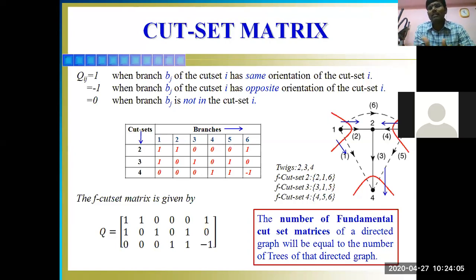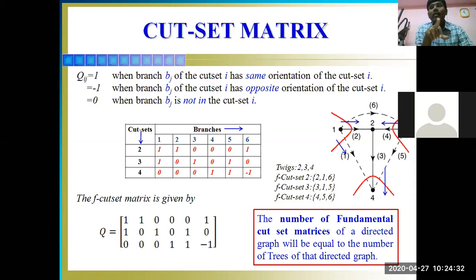So why is it called cut set? If you are removing a set of elements, it is cutting the graph into two subgraphs. In that aspect, it is named the cut set matrix. Fundamental means each cut set must consist of only one twig.